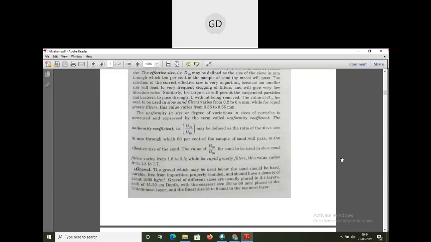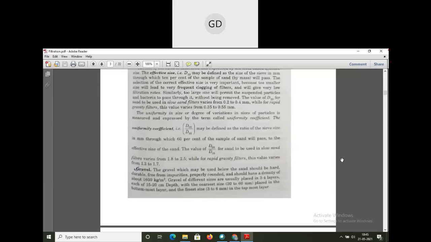Next, there is one more term called uniformity coefficient. Since we have read in the properties of the sand that the sand should be uniform in size and in nature, how will you measure that uniformness?